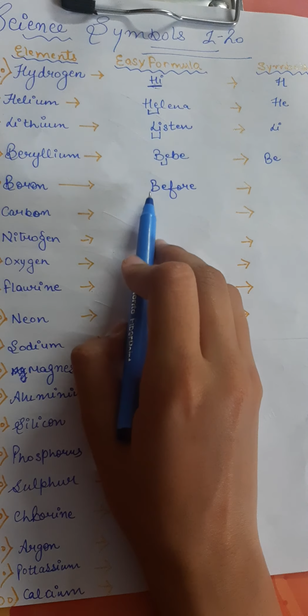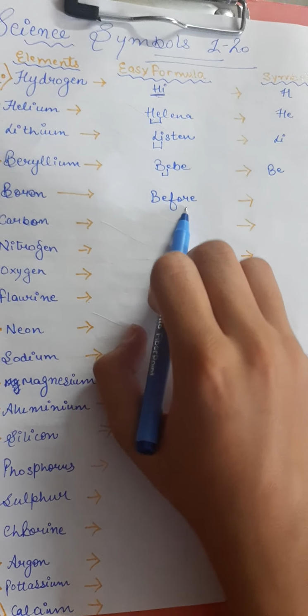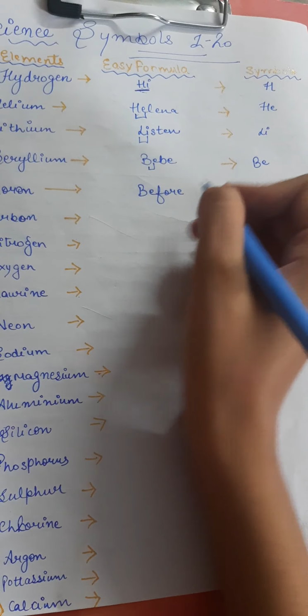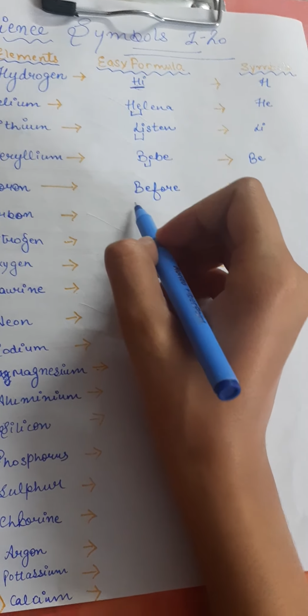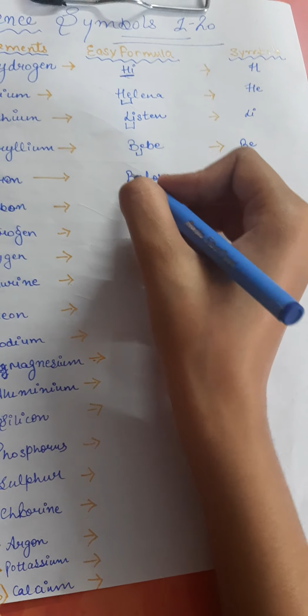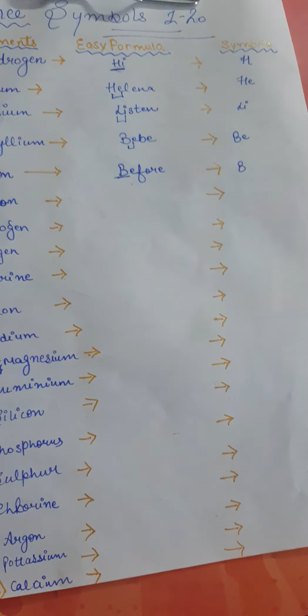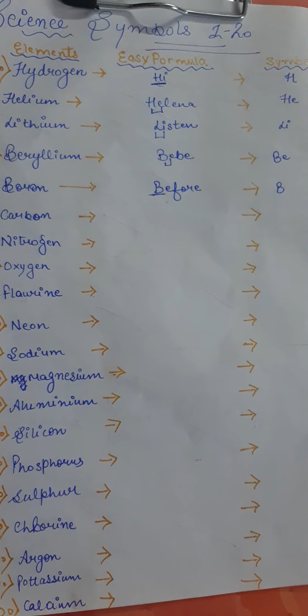Boron means before. We have taken Be here, and Be is already used, so we will only take B here. B is the symbol of boron.